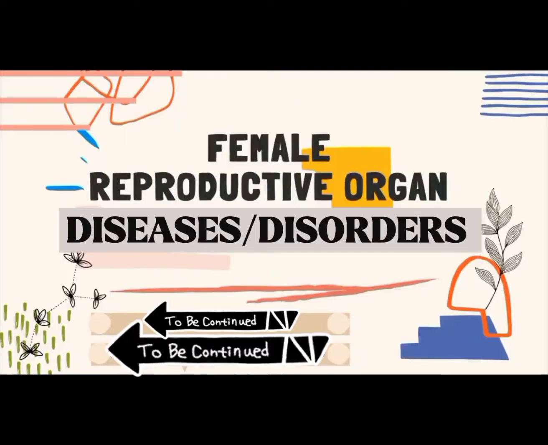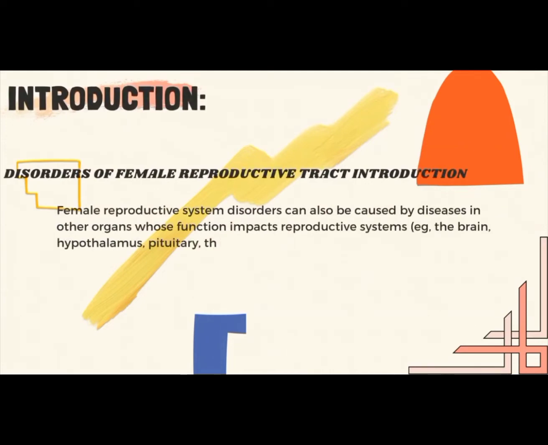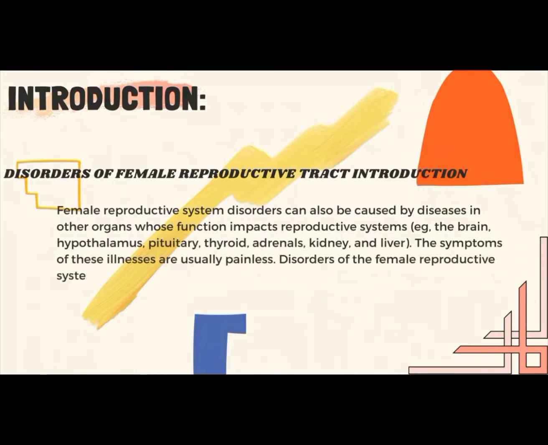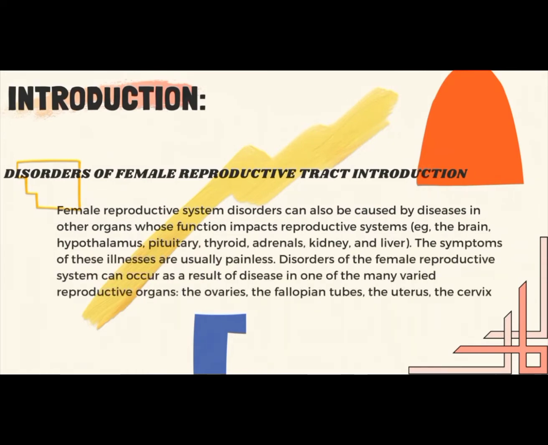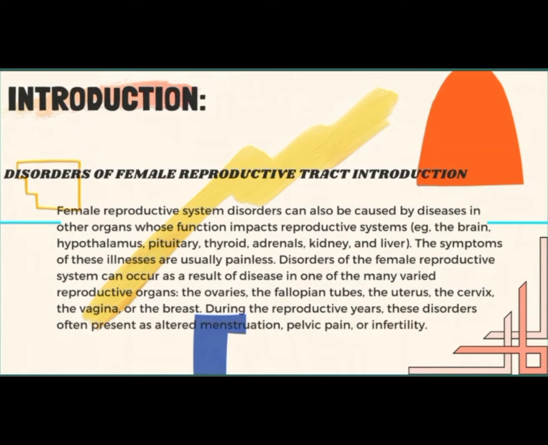Female reproductive organ diseases or disorders. Female reproductive system disorders can also be caused by diseases in other organs whose function impacts the reproductive system, for example the brain, hypothalamus, pituitary, thyroid, adrenals, kidney, and liver. The symptoms of this illness are usually painless.